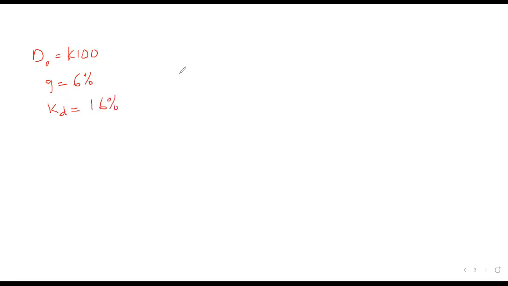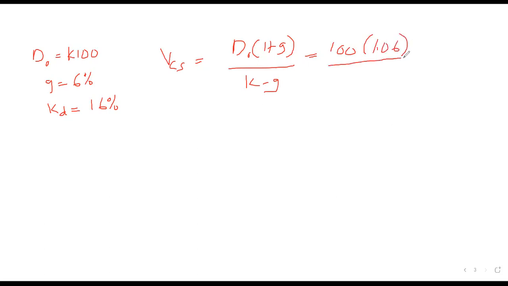So using Gordon's model, value of common stock is equal to D0 times 1 plus growth, over K minus G. So that we find D1. So D0 is 100, times 1 plus growth, so 1.06, divided by 16%, 0.16, minus 6%, 0.06.